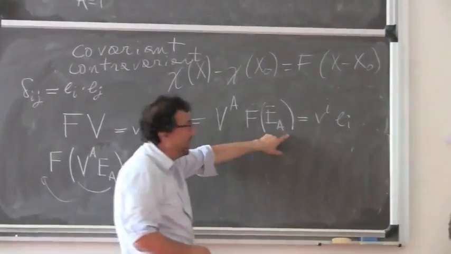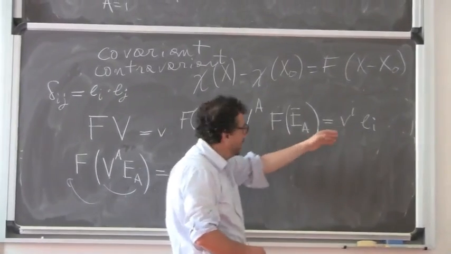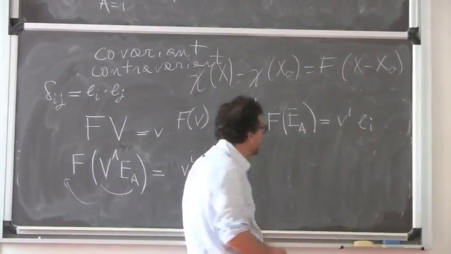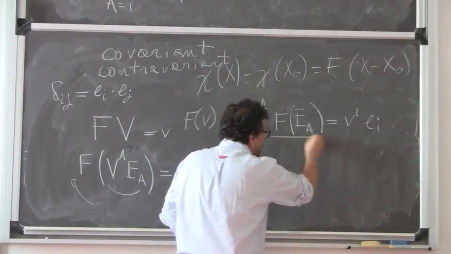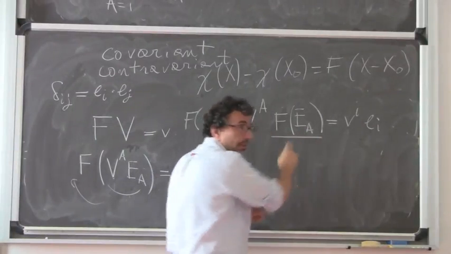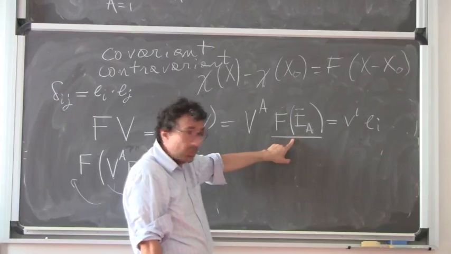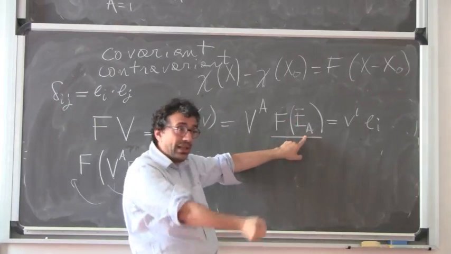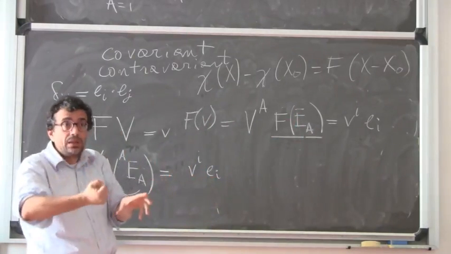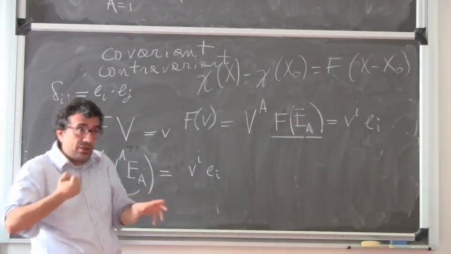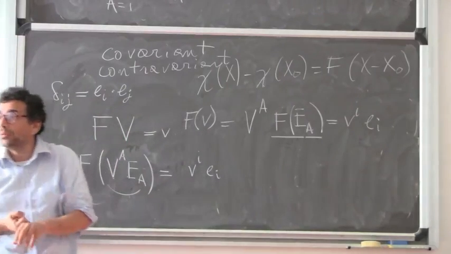So if we calculate the inner product of this animal here and this animal there, remark that now this is an Eulerian vector, because capital E_A is a Lagrangian vector. F maps Lagrangian vectors into Eulerian vectors. Okay?